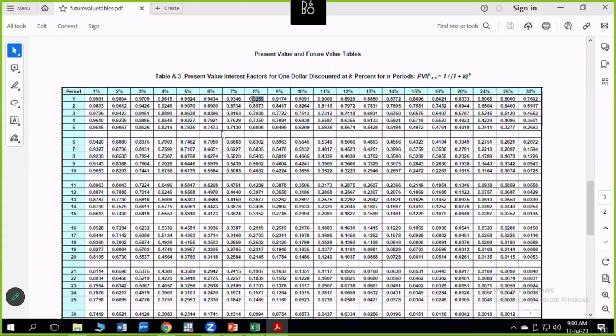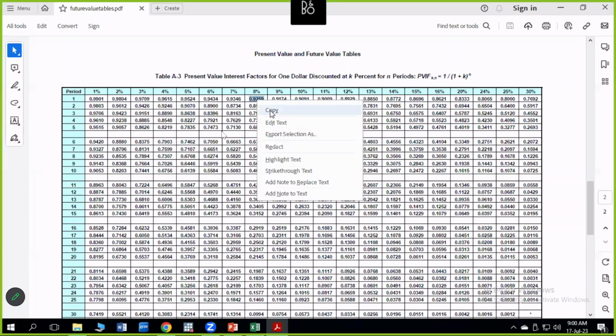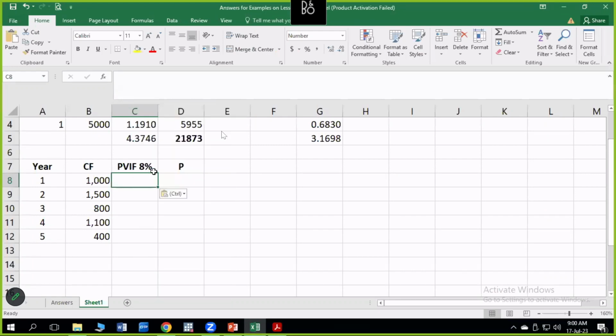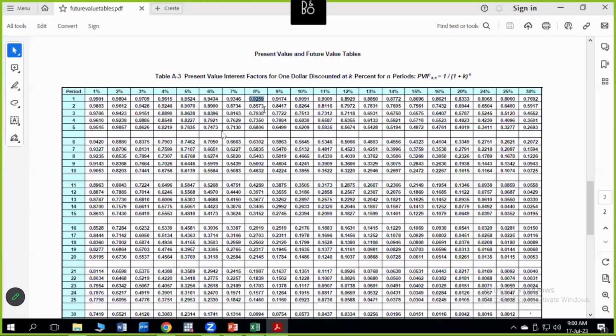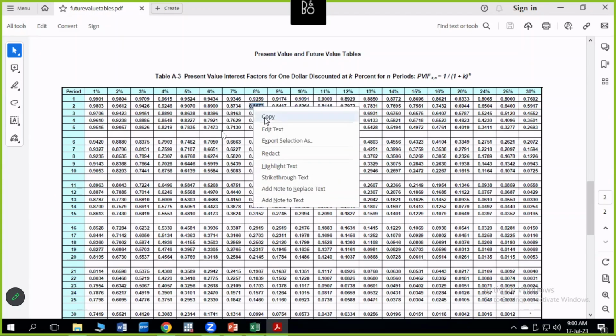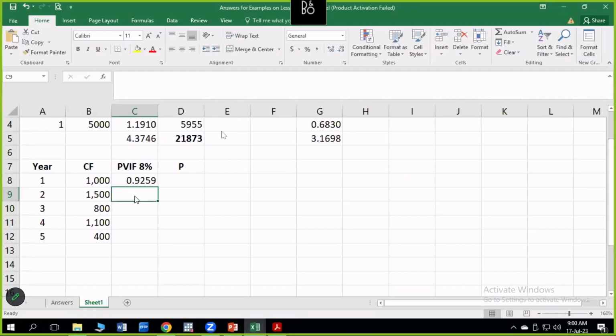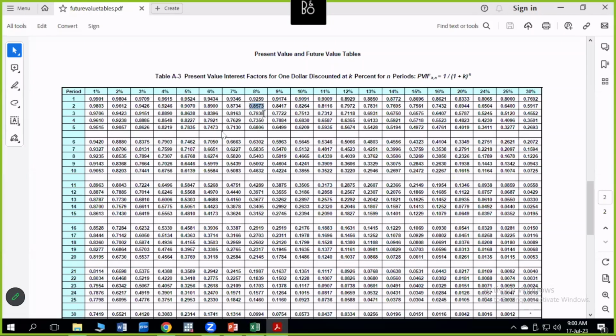For the first year, 0.9259. For the second year, 0.8573. For the third year, 0.7938.